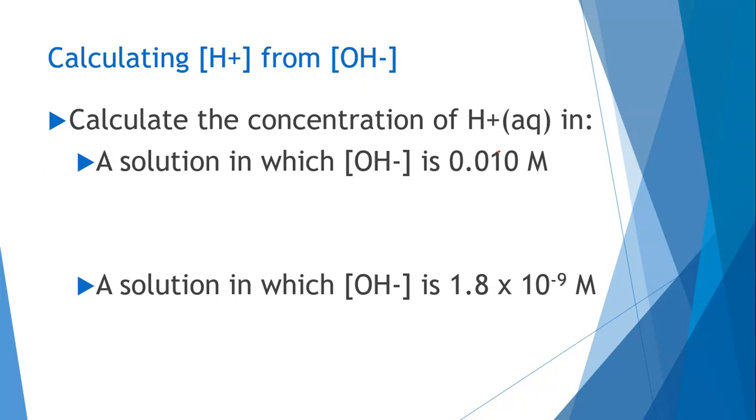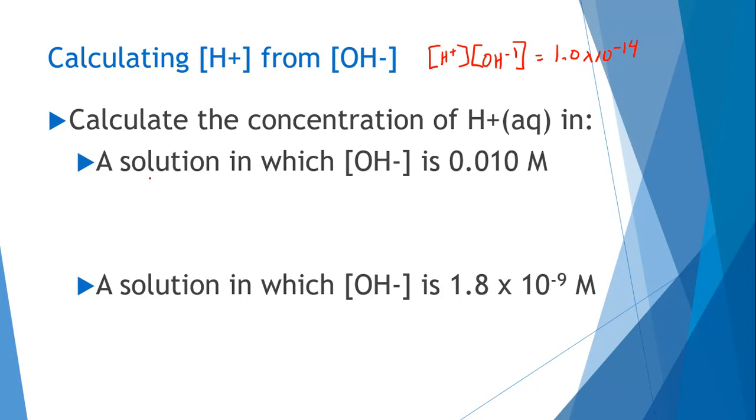And that's exactly what we're going to do. Here we are given hydroxide concentrations, and we're going to calculate the hydrogen concentration. Before we do that, I'm going to write the equation up here. And this is going to be the one that we're going to use. Here, we're just going to plug in what we know. So it says calculate the H+ concentration.